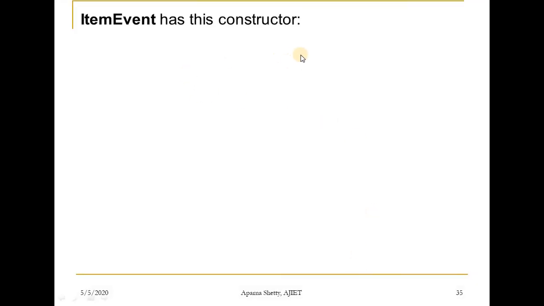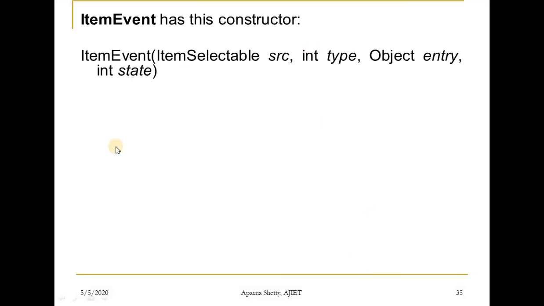The ItemEvent has this constructor: ItemEvent(ItemSelectable source, int type, Object entry, int state). So this ItemEvent constructor takes the parameters source, type, entry, and state.